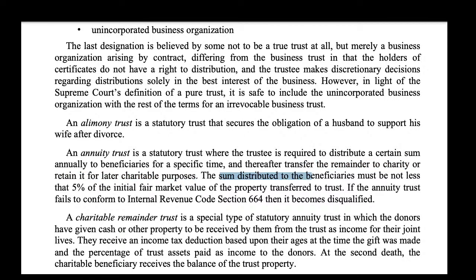The sum distributed to the beneficiaries must not be less than 5% of the initial fair market value of the property transferred to trust. If the annuity trust fails to conform to the Internal Revenue Code Section 664, then it becomes disqualified. So the sum distributed to beneficiaries must not be less than 5% of the initial fair market value of the property transferred to the trust for it to be an annuity trust.